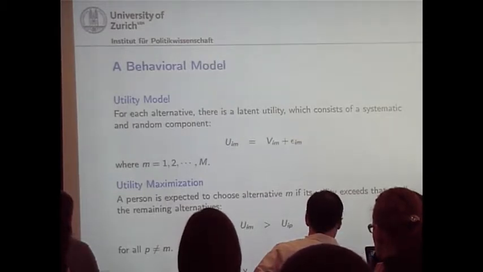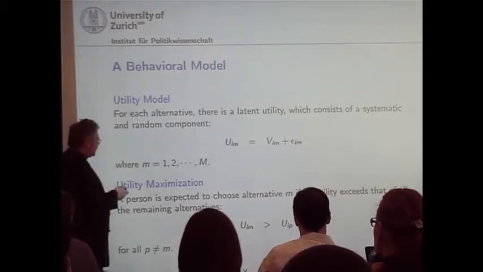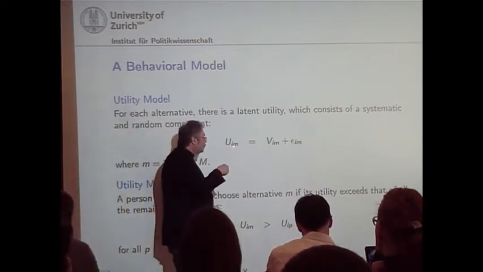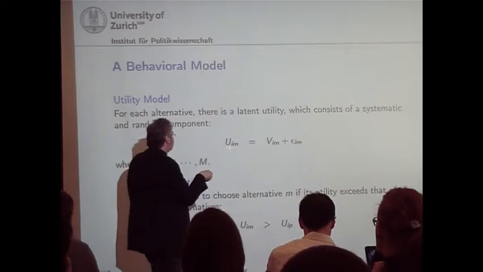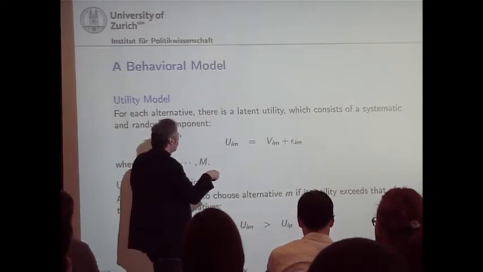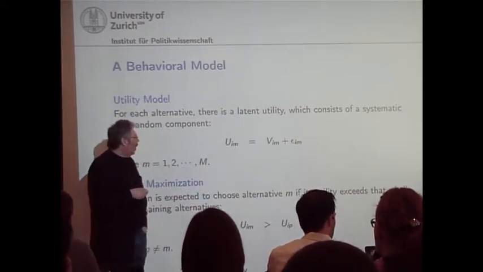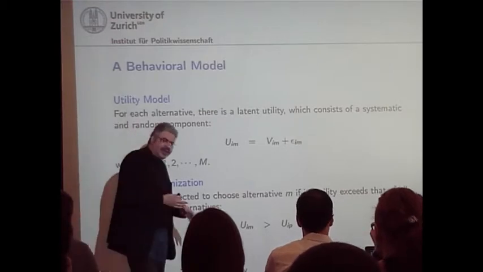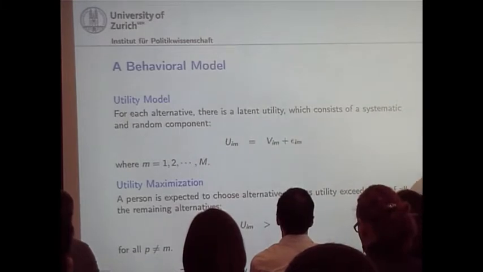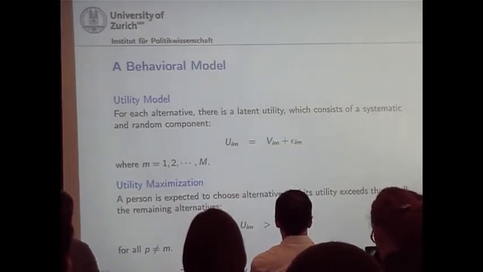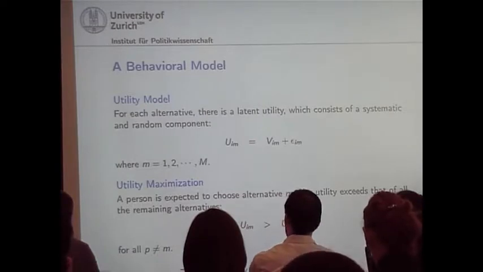And therefore, we can characterize individual i's utility towards party m as U_im. We don't actually observe this U_im, the same as with ordered logit and logit with a Y star, which we don't observe either.